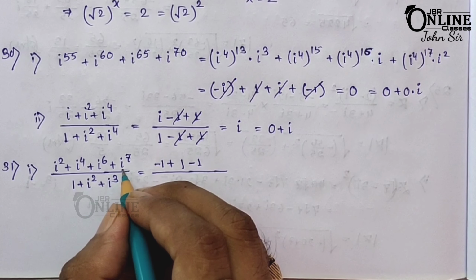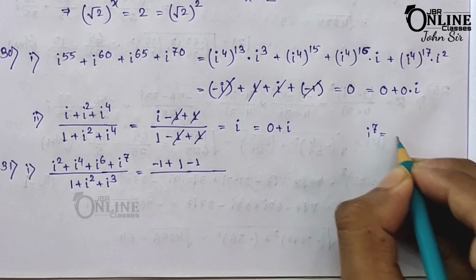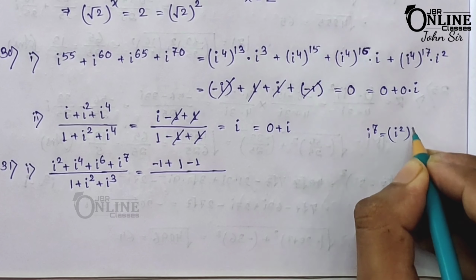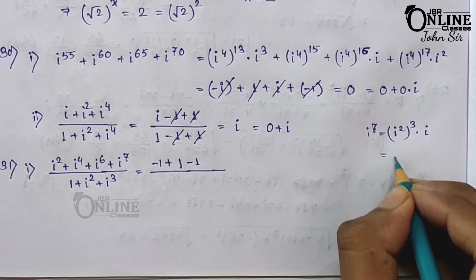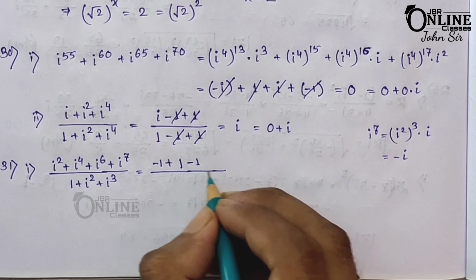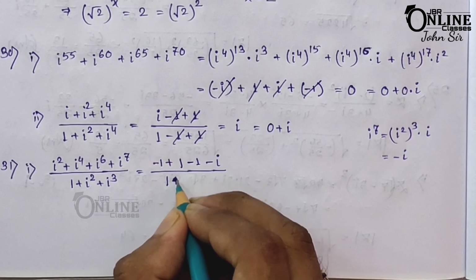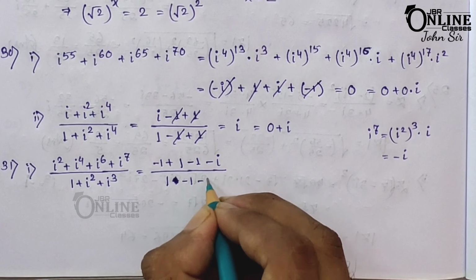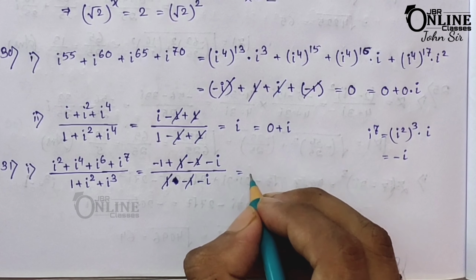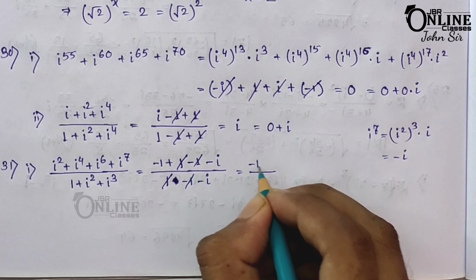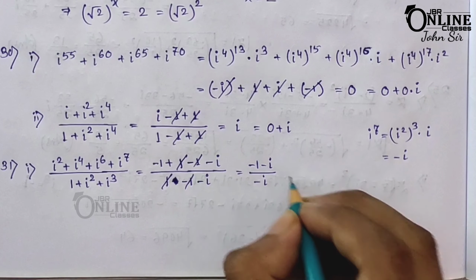And the last one here is i to the power 7. So you can write i to the power 7 this way, iota square whole cube into i. Iota square means minus 1, so minus 1 whole cube into i equals minus i. So you can just write here minus i. And the lower one will be 1 plus, sorry, it will be minus 1 because iota square, and the last one will be minus i. So here 1 cancels out, here also cancels out. So the upper one will be minus 1 minus iota, and the lower one will be minus iota.